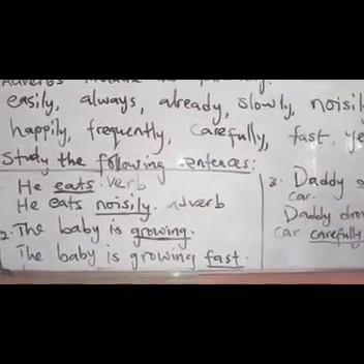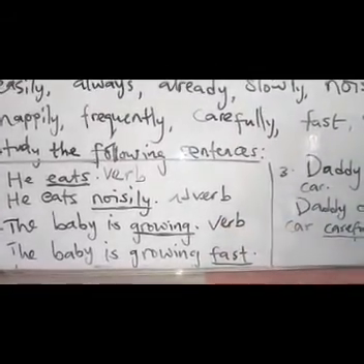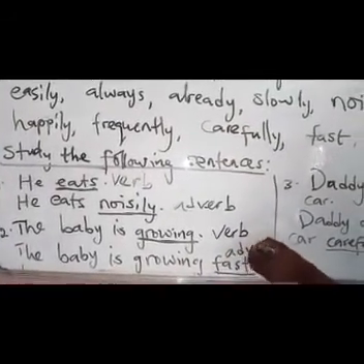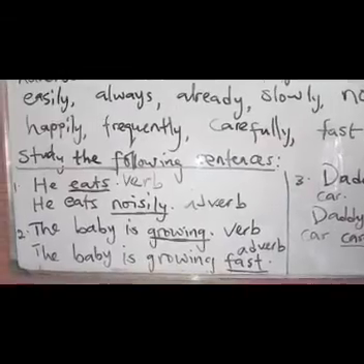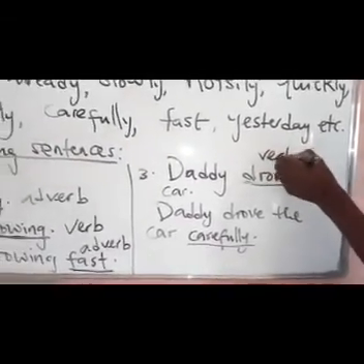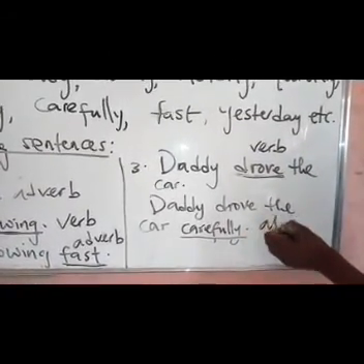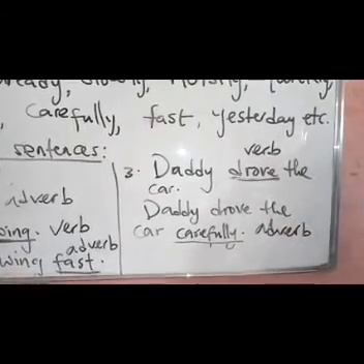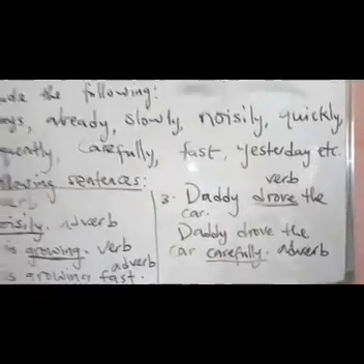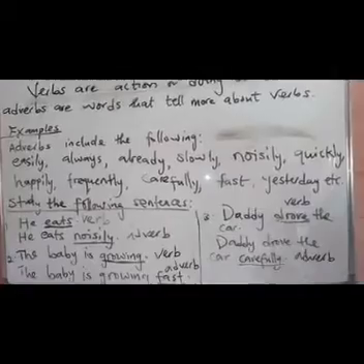In the second sentence, the first underlined word is the verb, which is the action itself, and the second one is the adverb. In the third sentence, drove is the verb, and in the last sentence, carefully is the adverb. So these are the work of adverbs. Adverbs work this way. They tell us more about the verb in the sentence.